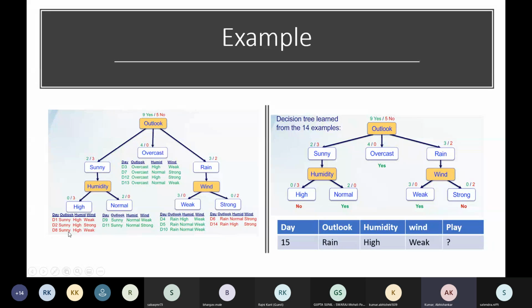D1 and D2 say no, you don't have to play, and D8 says yes, you have to play. So what will be your decision, if you want this to be a leaf node?